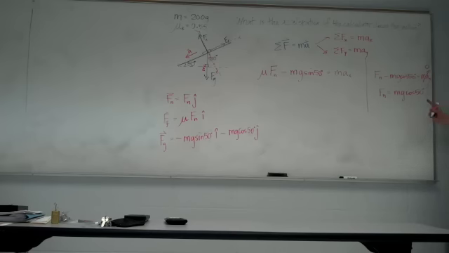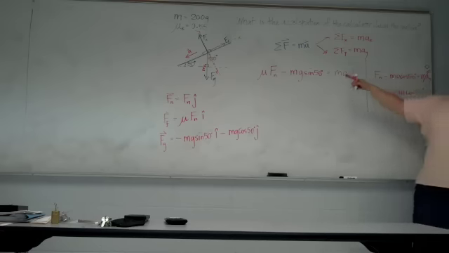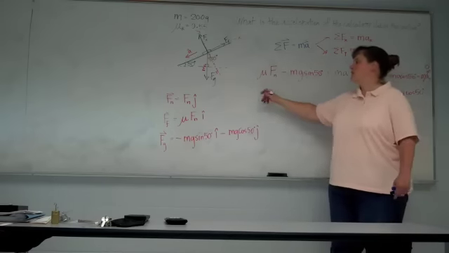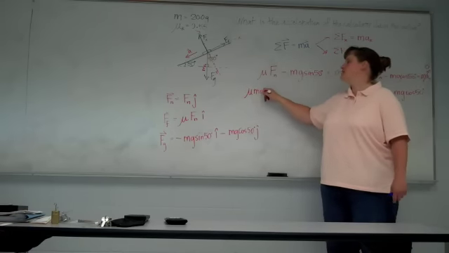Before doing any calculations, I want to go ahead and substitute this back over here. So in place of normal force in this equation, I'm going to put in mg cosine 50.